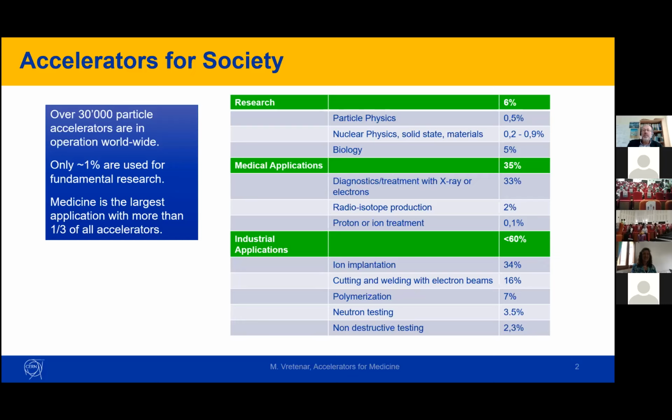In medicine, we will see how they are used, but in industry, they are used, for example, for ion implantation. Many of the semiconductors that you are using in our electronic systems are made by doping semiconductors using ion beams produced by an accelerator.